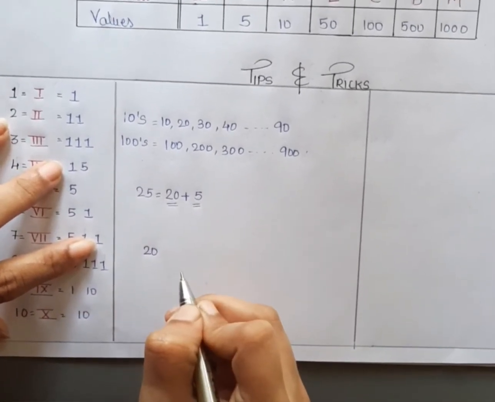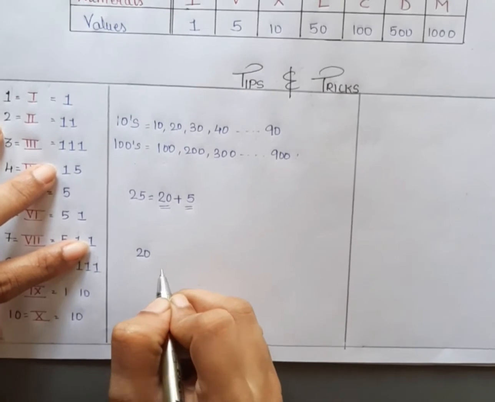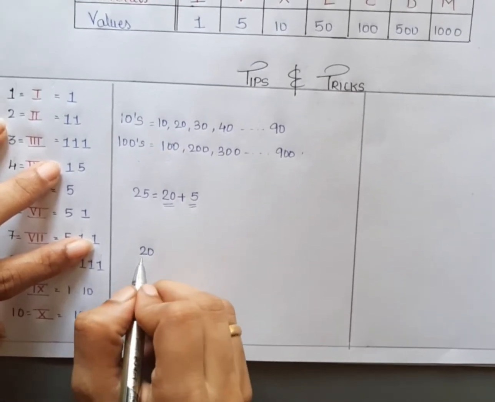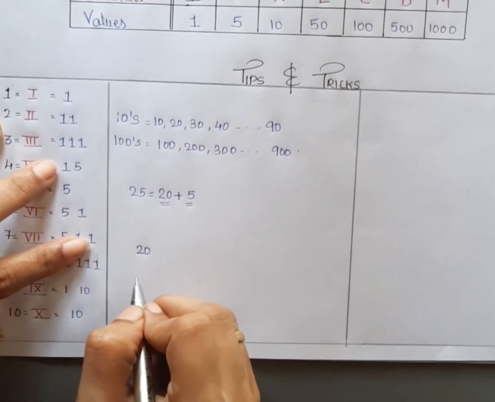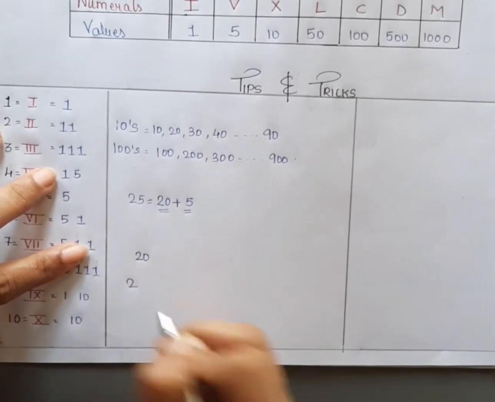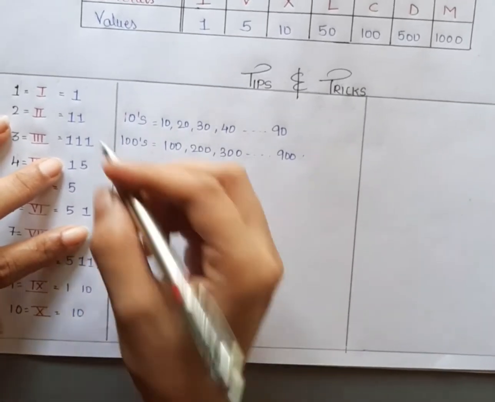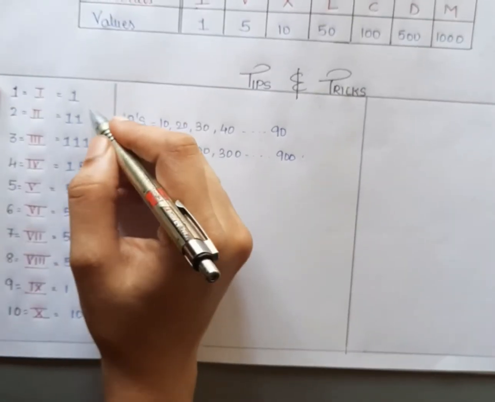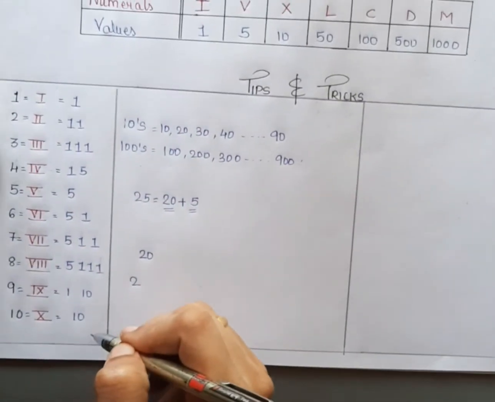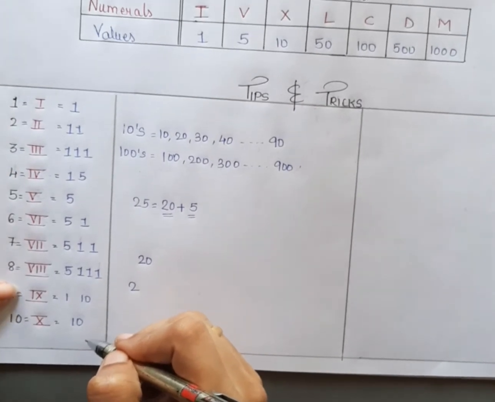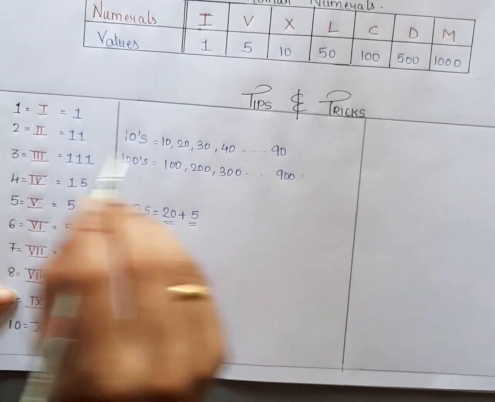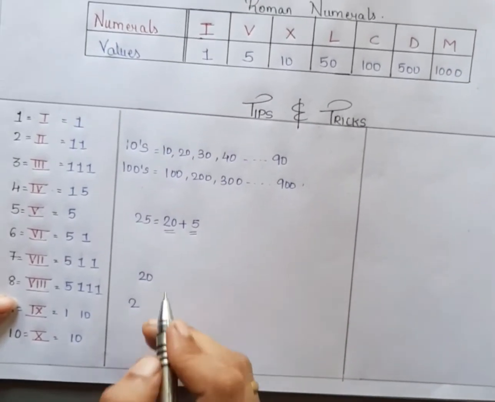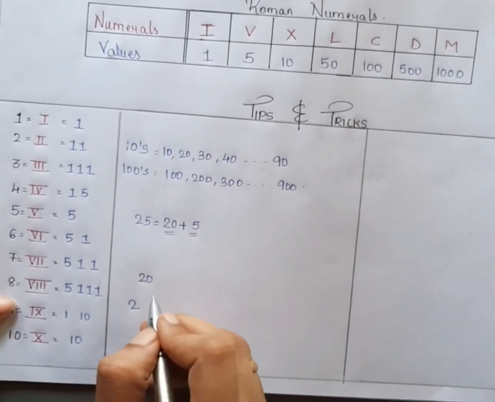You are supposed to find the Roman numeral of 20. For 20 I will first write 2, because I know the Roman numerals from 1 to 10. Kids, this is the base for Roman numerals. You have to learn this properly, then all the questions will be easy for you, and you will understand this trick in a better way.